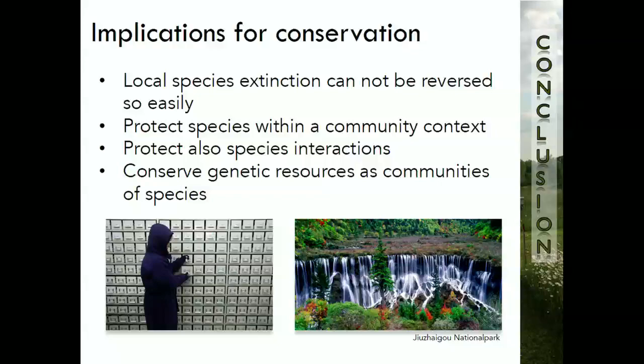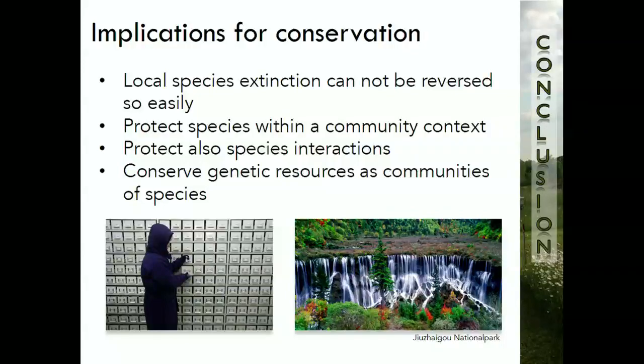Because if you have a local species extinction and then you bring a species back into the community, maybe from a seed bank or from some completely different community, it might not be able to replace the species that went extinct. So it would make sense to protect species within their community context.